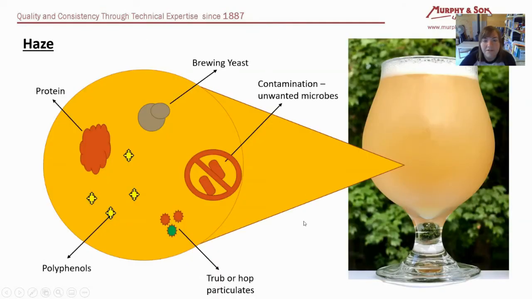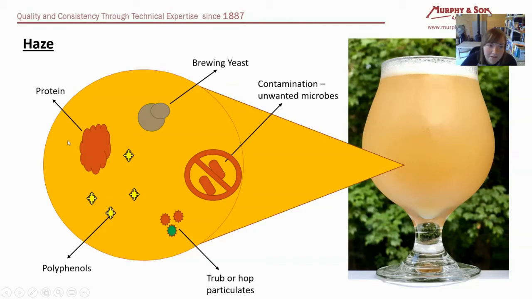So one reason that this issue is becoming even more prevalent recently is with the popularity of hazy beers, particularly things like NEPAs. So I just wanted to show this as an example of what can cause haze in your glass. Obviously, you can have some contamination of unwanted microbes that can cause haze.